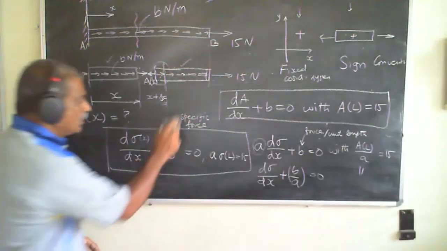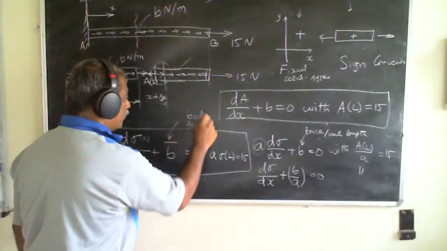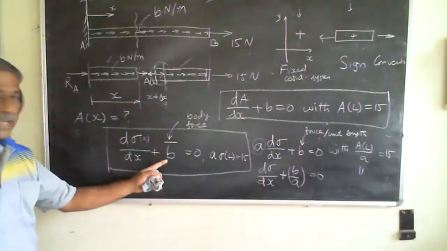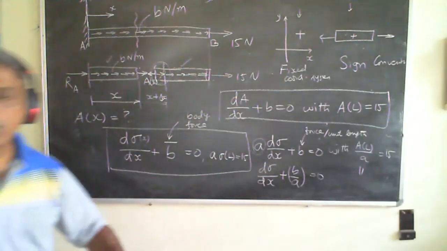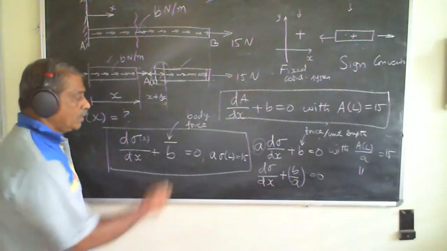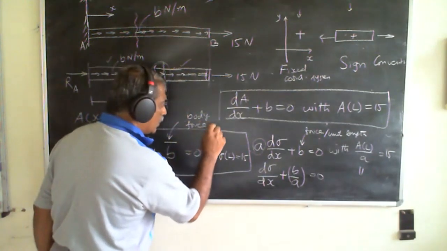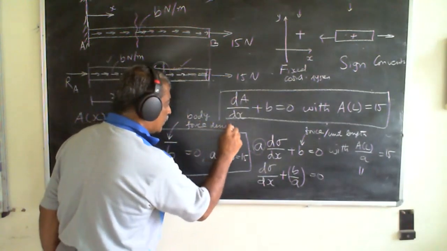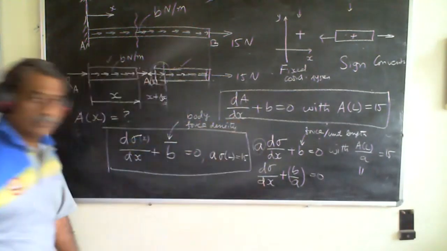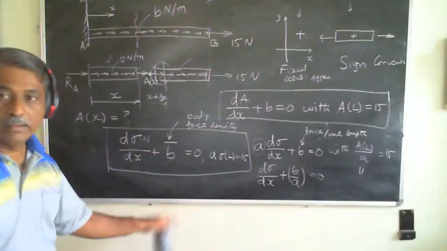We also call this as body force. So any body force that I have, I should multiply by volume in order to get the force. Okay. If you elect to call it as body force, you can also add density to this body force density. Okay. Questions so far? Is this clear?